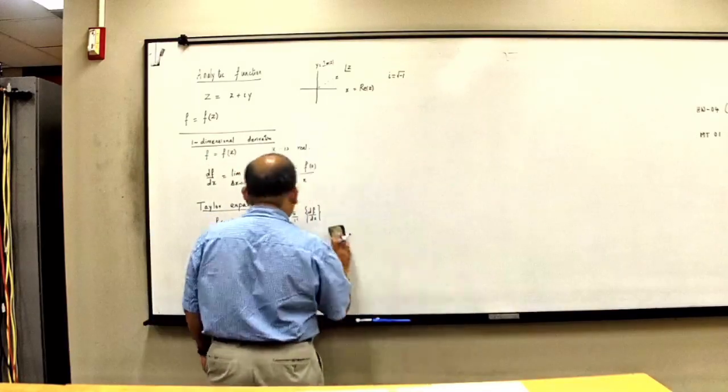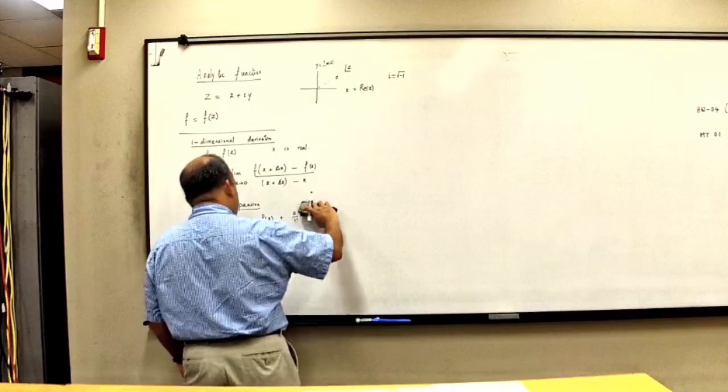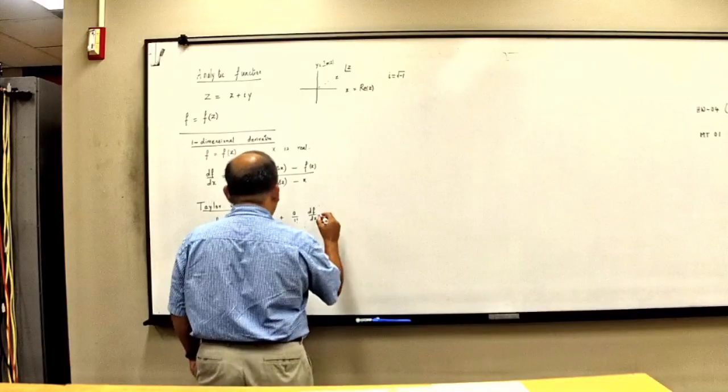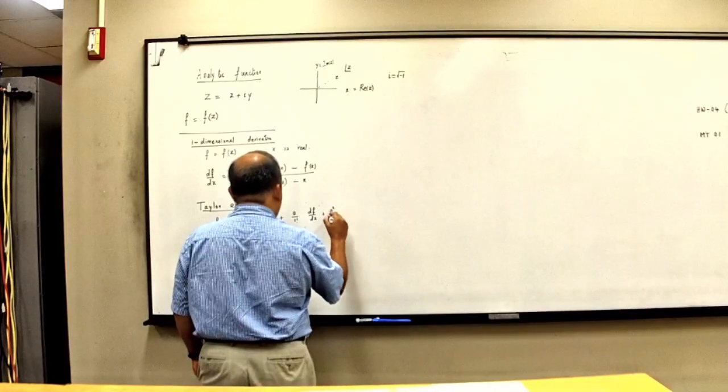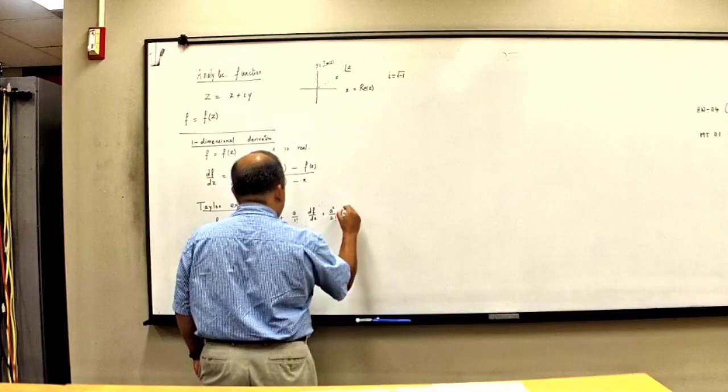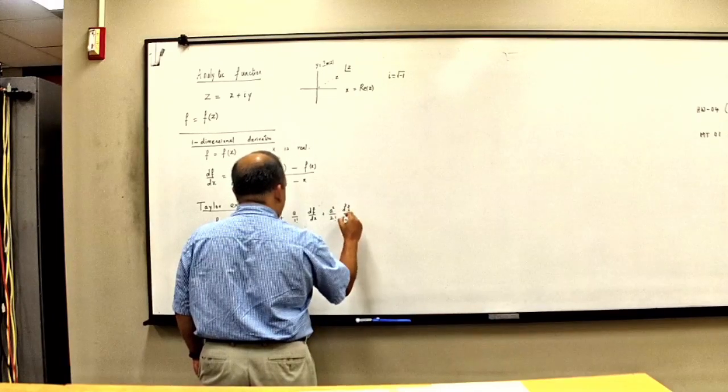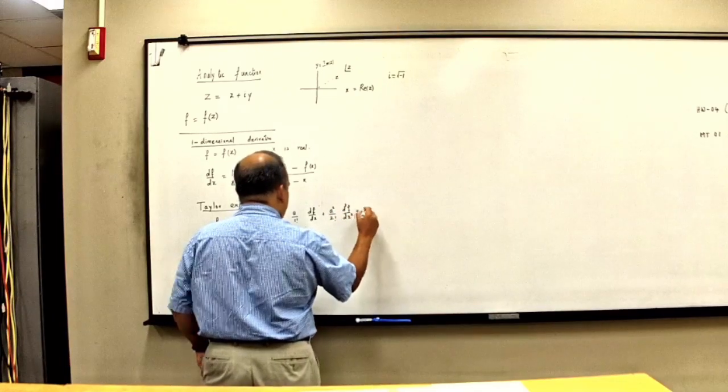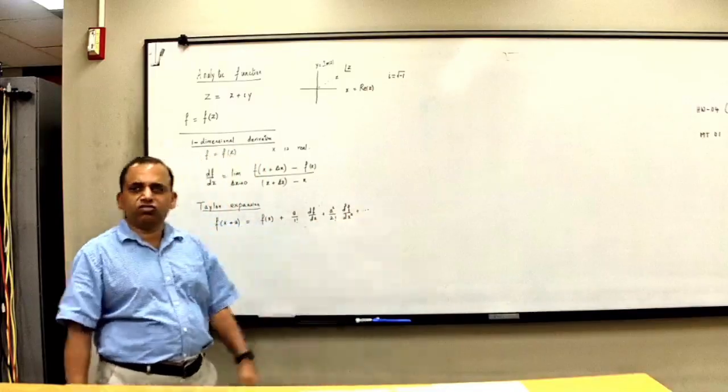So this is just x. You can write it in different forms. Plus a squared over 2 factorial, second derivative of f with respect to x squared, and so on. And these are all dependent on x.